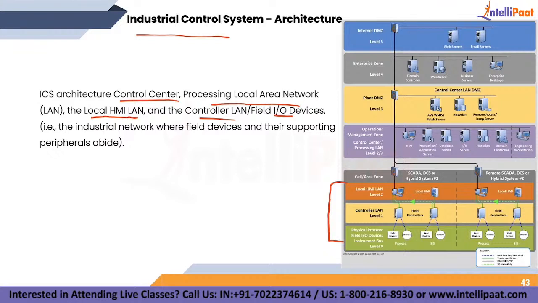On level 0, you find the edge devices, which are also called field devices. Then there is the controller LAN. The controllers are connected to the field devices using a specific type of network. It could be a wireless LAN or a wired LAN, depending on the on-site deployment.